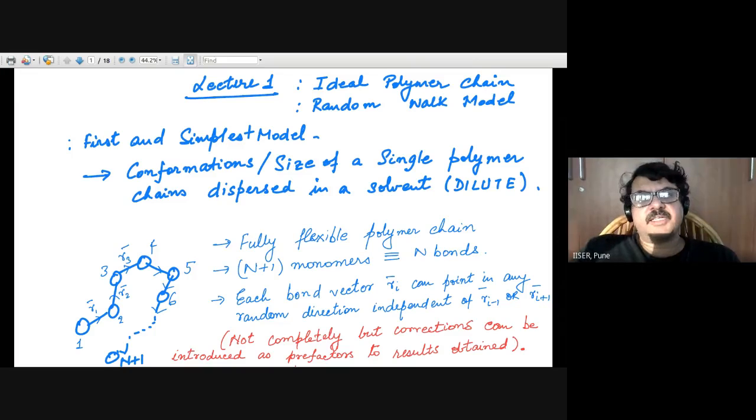You can add different architectures, talk about different networks and copolymers and so on. But the first class always discusses the ideal polymer chain model.